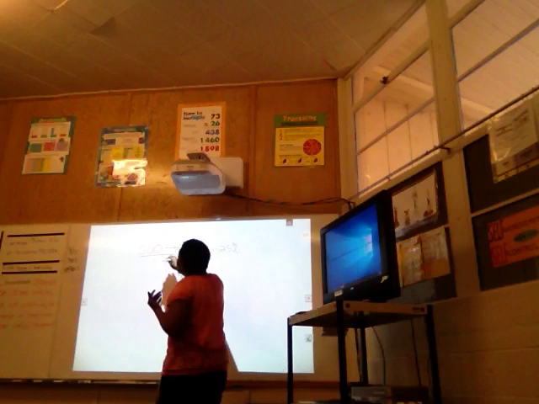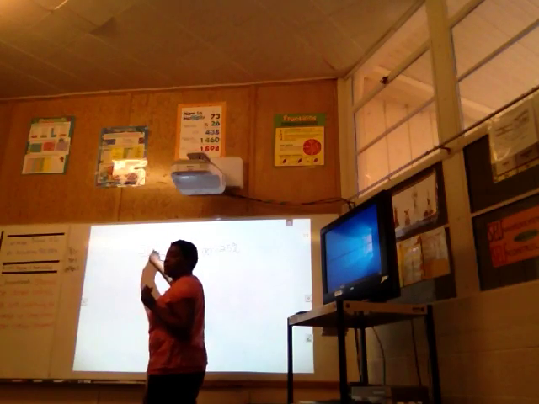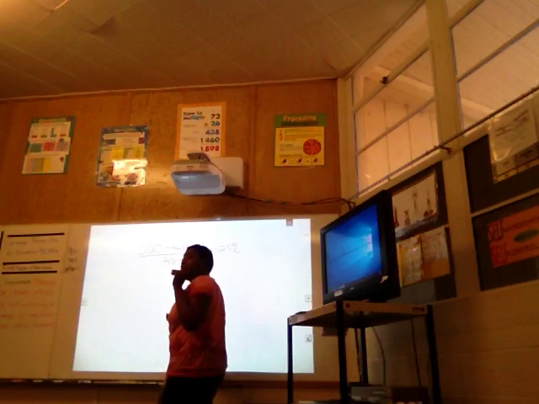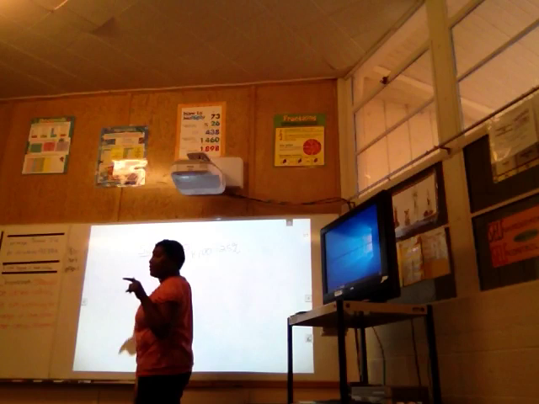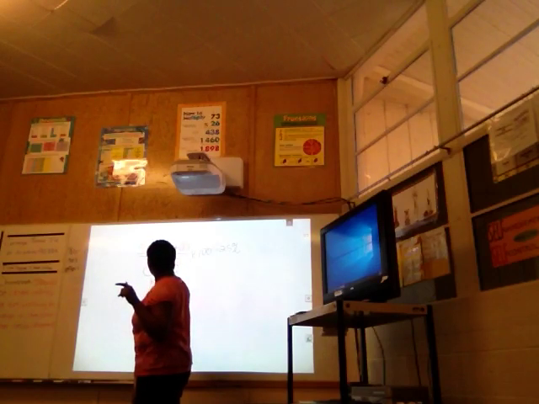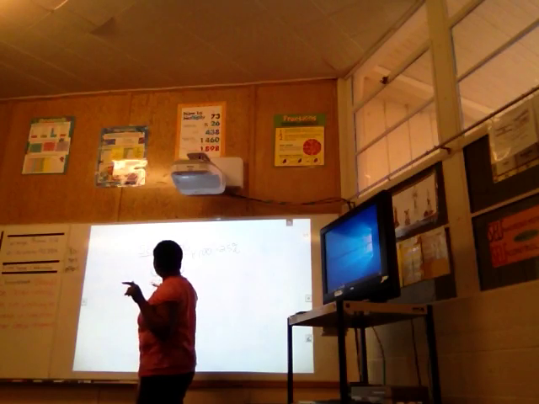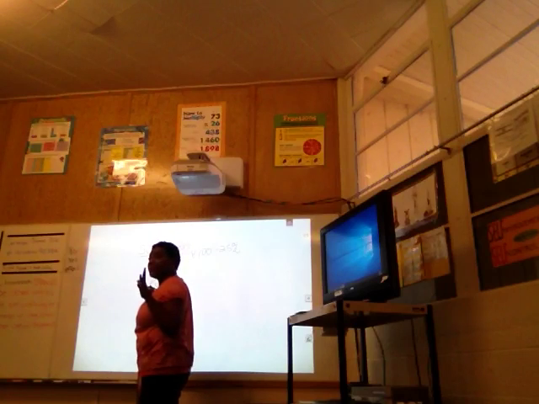Okay, so this was the increase. It went down to 400. Now, let's see, it increased to 500. So here's our new original, and it decreased by 25% of the new price.